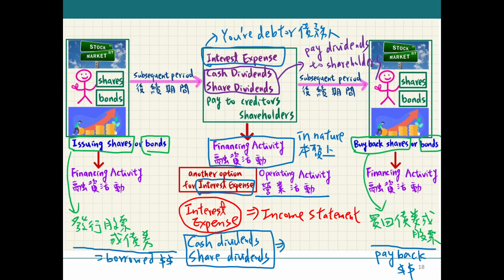These two are only in equity, okay? So statement of change in equity or balance sheet. For example, statement of change in equity, or balance sheet.